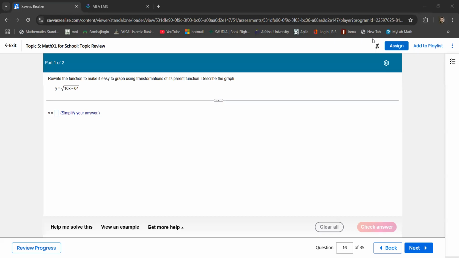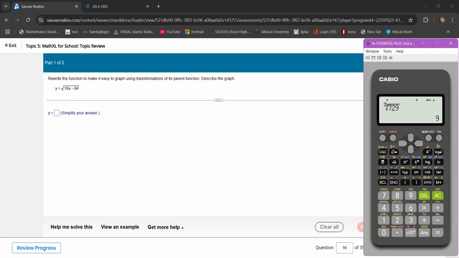Another question: rewrite the function to make it easy to graph using transformation. So actually we don't need you to graph, we just need you to rewrite and describe. Describe the graph means describe the transformations you wrote. So I'm going to divide the 64 by 16 so that I can take the 16 as a common factor. 64 divided by 16 gives 4.